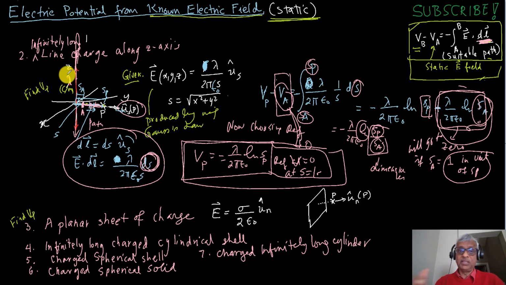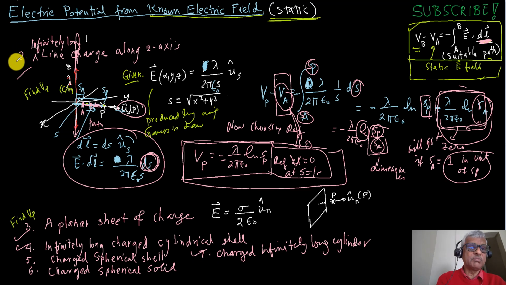That is one of the caveats. That didn't happen for a point charge, but it happens for this case and this case, and the long cylindrical shell and the charged infinite torque.